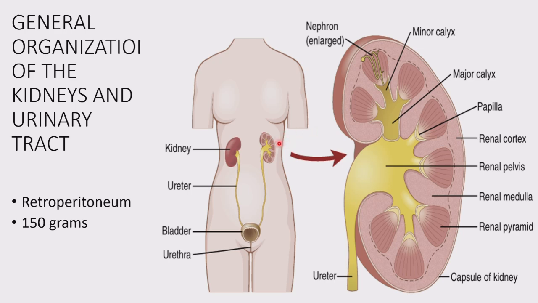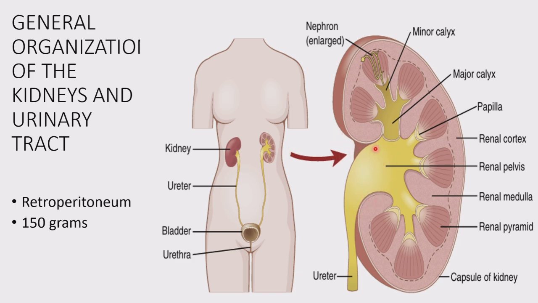Okay, let's talk about the general organization of the kidneys and urinary tract. Our kidney is located retroperitoneally, meaning it is outside of the peritoneal cavity, and it weighs 150 grams. Now, what's the difference between renal sinus and renal hilum?